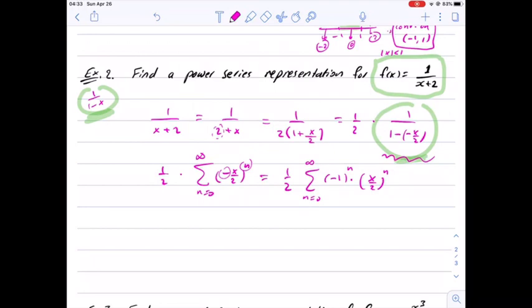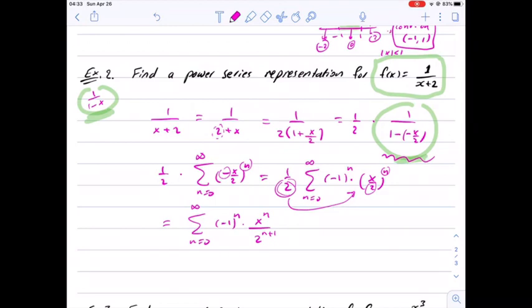Now this geometric series, actually we can insert 2 here, so we can write it this way: series n from 0 to infinity, -1 to the power n, x to the power n over 2. Here we have 2 to the power n, and 2 times 2 to the power n is 2 to the power n plus 1.